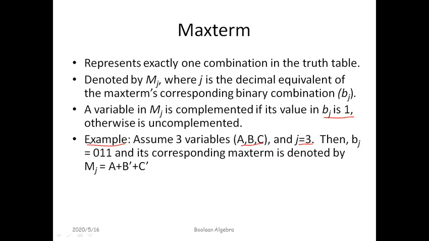So if you have 0, 1, 1 as Bj, then its corresponding max term, denoted by Mj, is equal to A, where there's a 0, we just write A, and the others are complemented, so A plus B bar plus C bar.